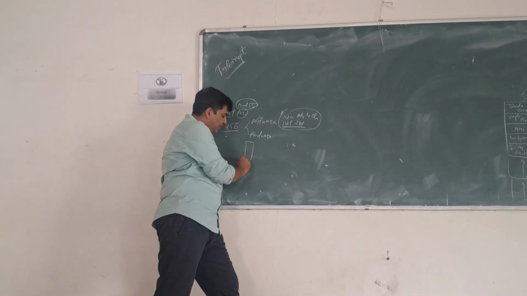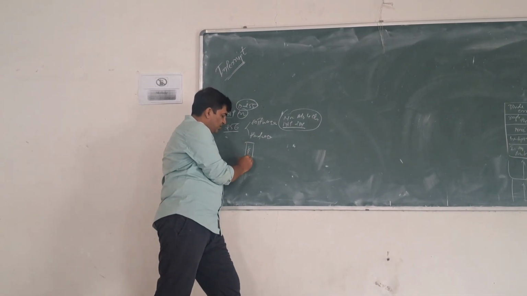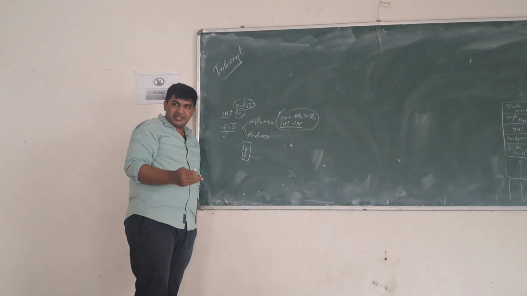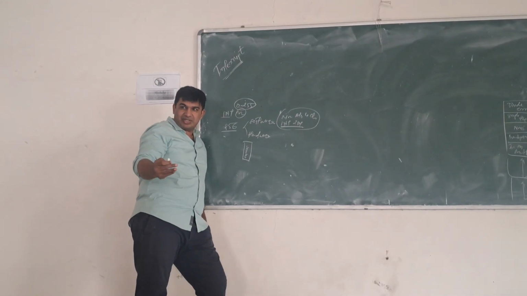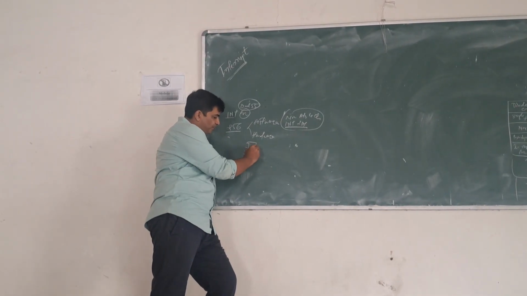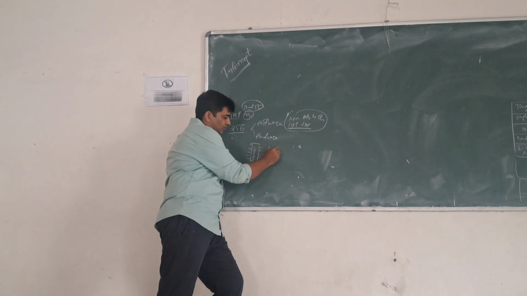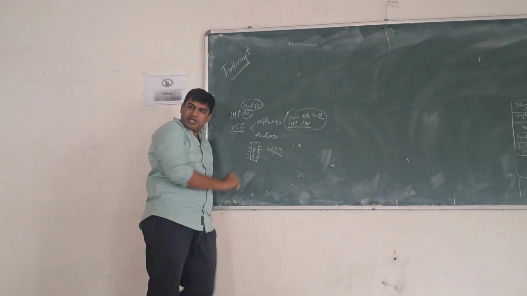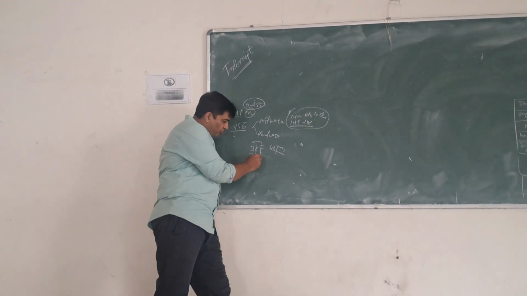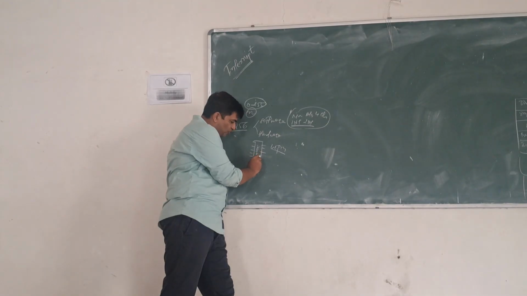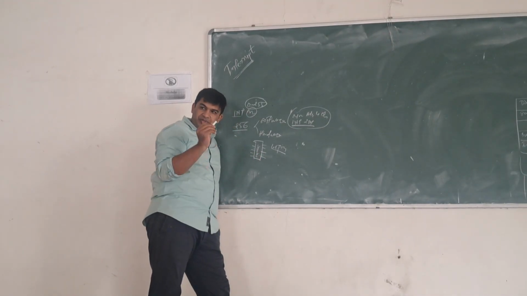The 8086 is physically a chip, a 40-pin chip. For this chip, there are two specific pins assigned for interrupts.